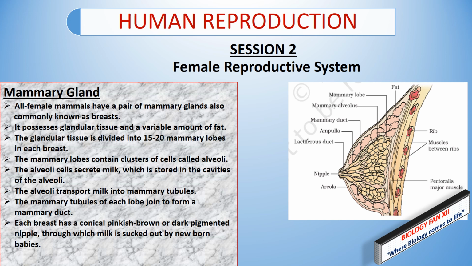Each breast has a conical, pinkish-brown or dark pigmented nipple through which milk is sucked out by a newborn baby. On the right-hand side there is an image of the breast mammary gland. You can practice and label all the points as shown in the figure.